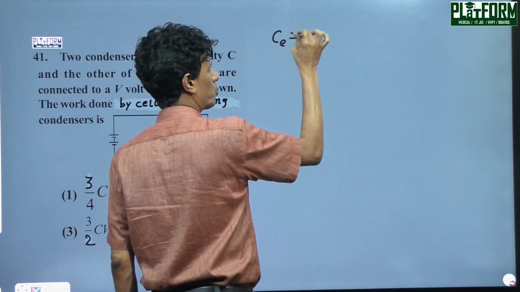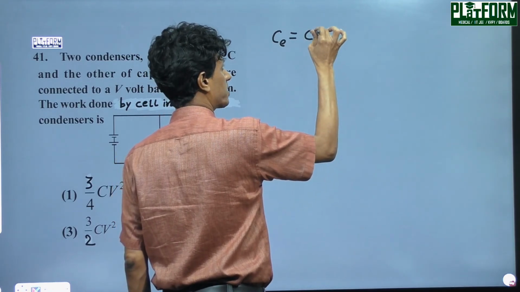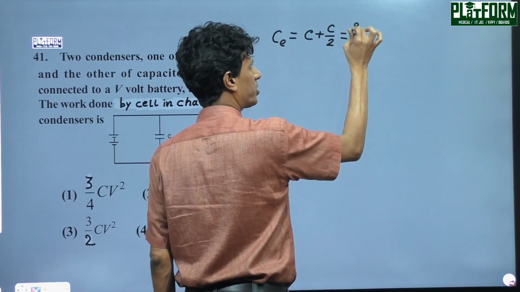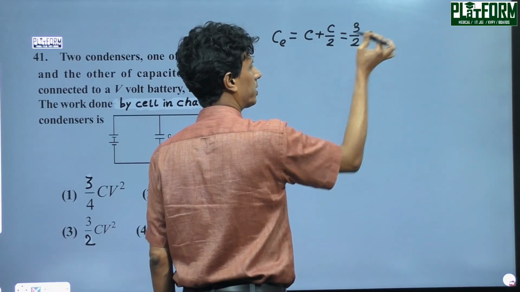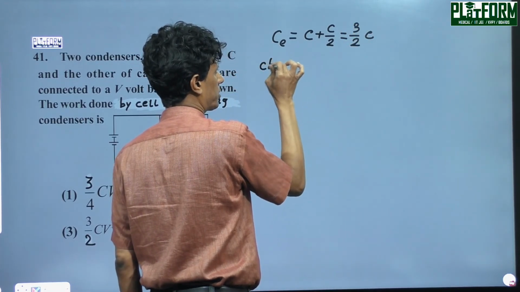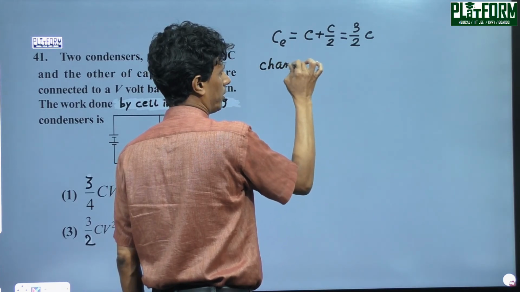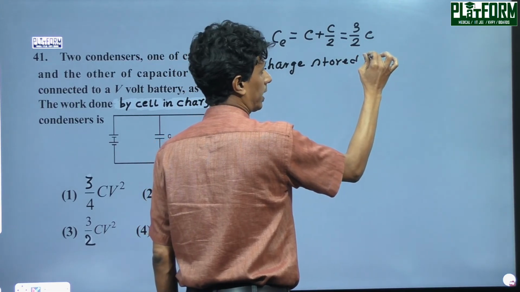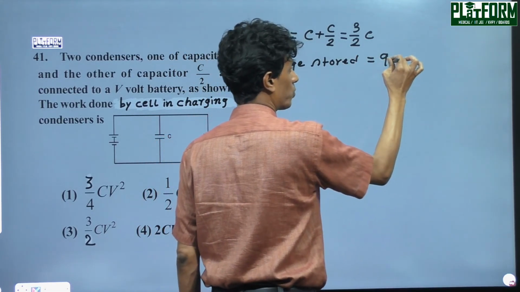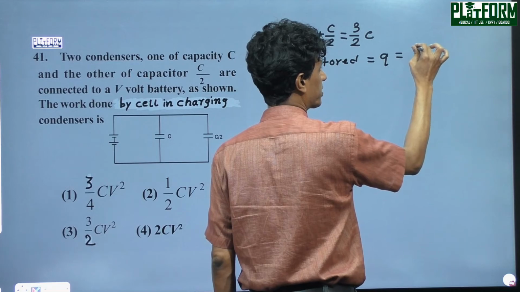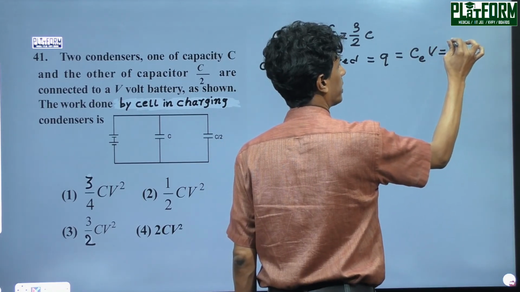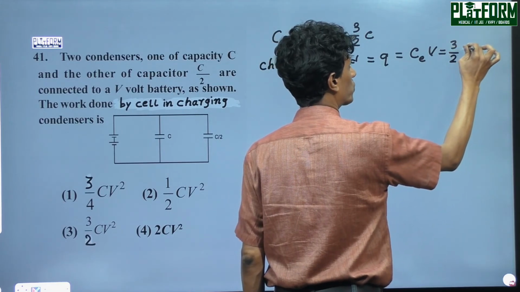C equivalent is equal to C plus C by 2, and it is 3 by 2 into C, and the charge stored in the condenser Q is equal to C equivalent into V, and it is 3 by 2 CV.